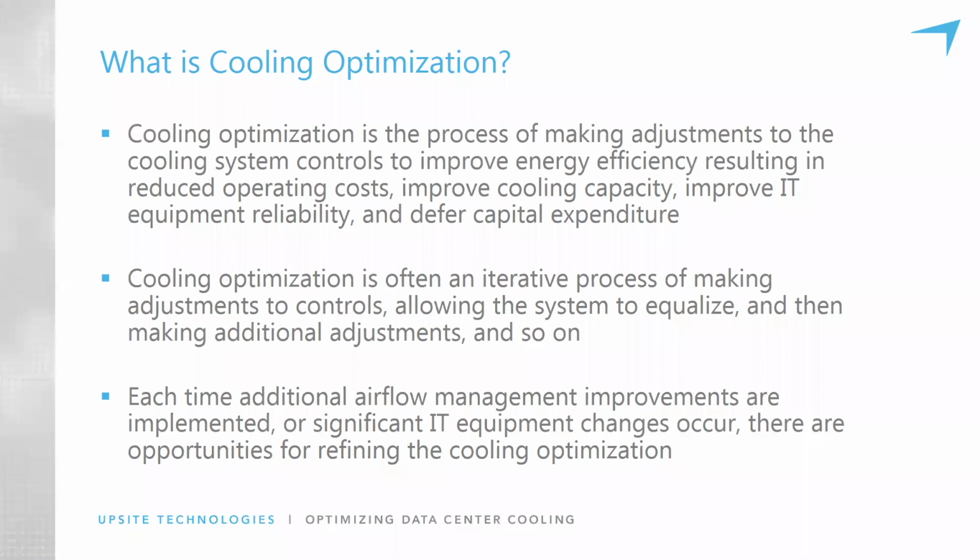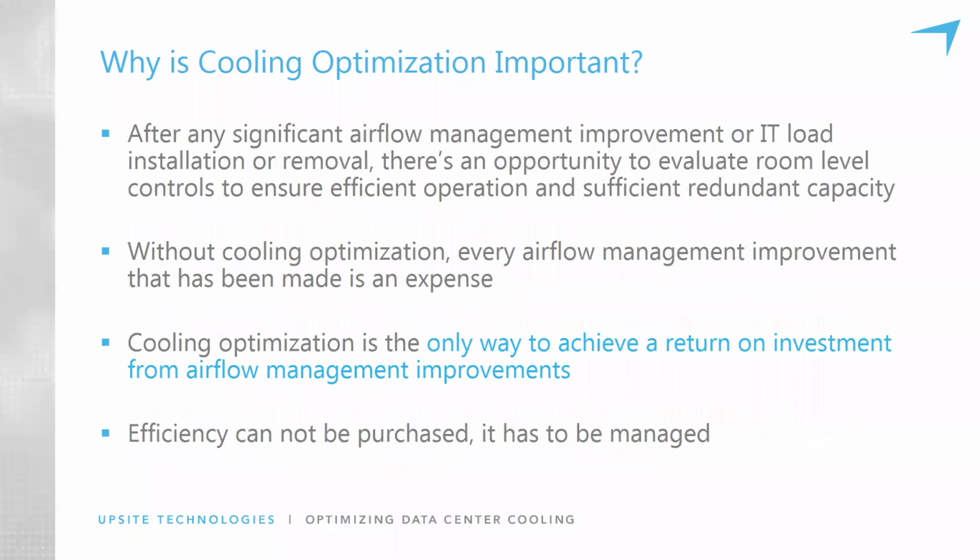In most cases, some intervention is required. Understanding the process in the room, understanding these fundamentals that I've shared with you, enables you to go in and make those adjustments to realize those benefits. And as I said, any significant change in a room is an indication that optimization could be done.